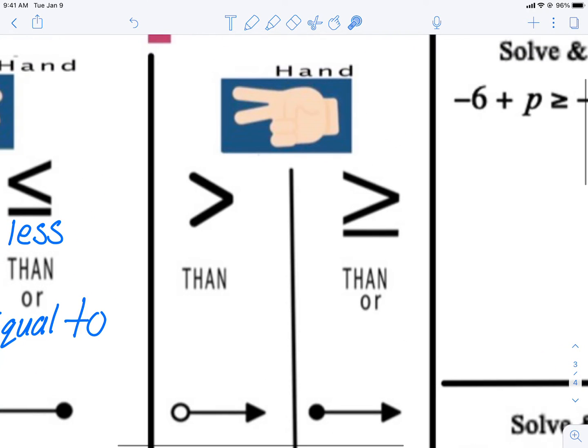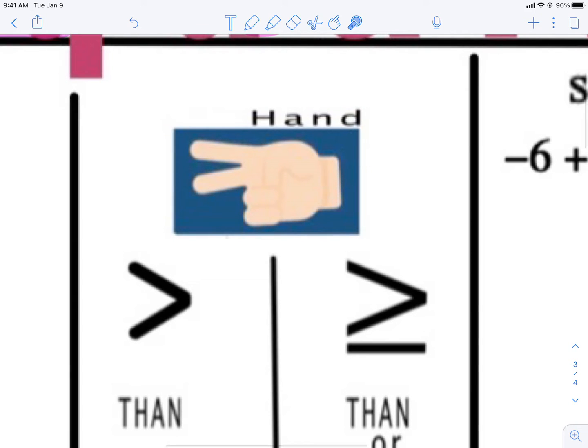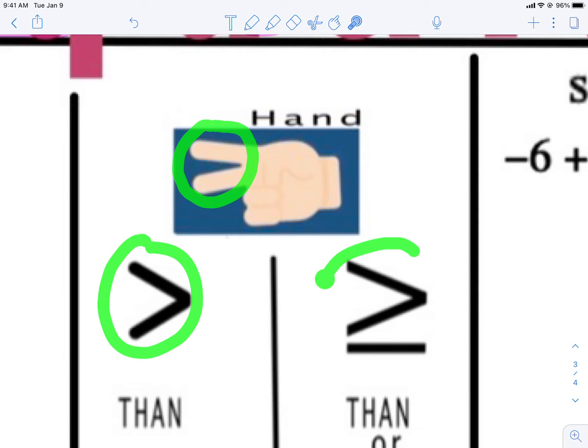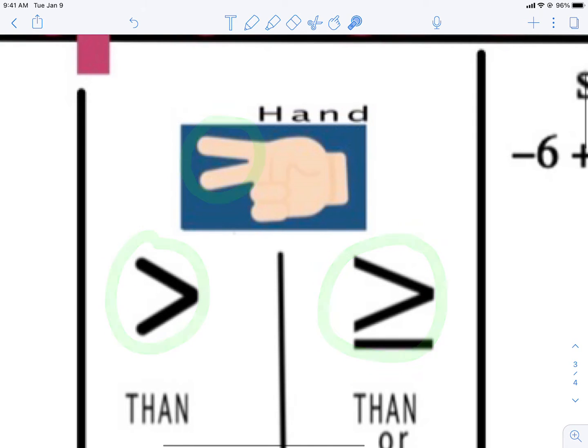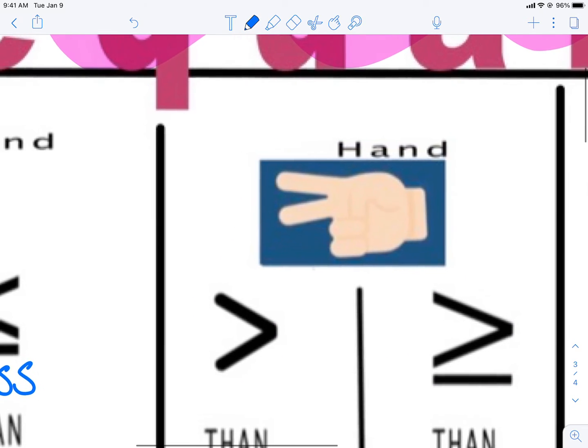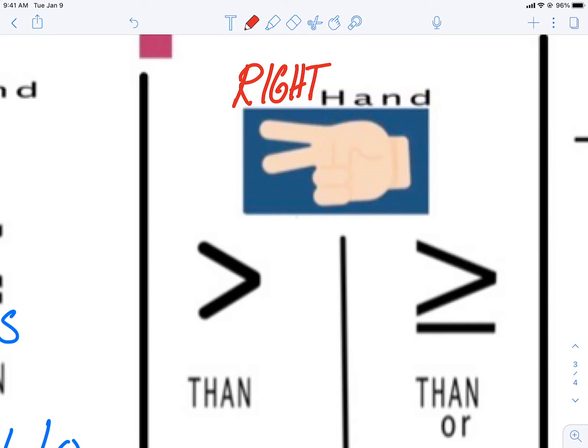Now, this one you use your right hand. So if you take your right hand and you make scissors, like rock, paper, scissors, look at that. This arrow, you form an arrow, which looks like that one, and half of that one, right? So this one is with your right hand.